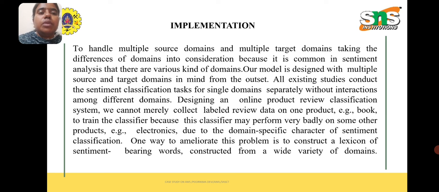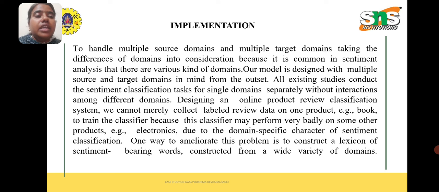So in implementation, to handle multiple source domains and multiple target domains, we take the differences of domains into consideration because it is common in sentiment analysis that there are various kinds of domains. Our model is designed with multiple source and target domains in mind from the outset. All existing studies are conducted among different domains.